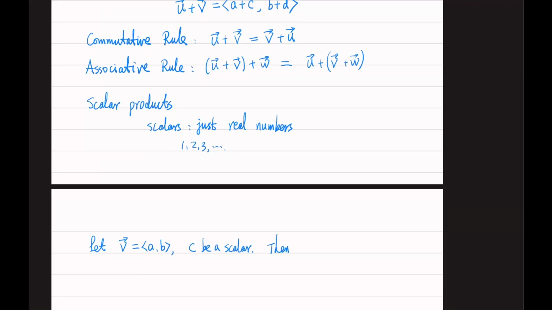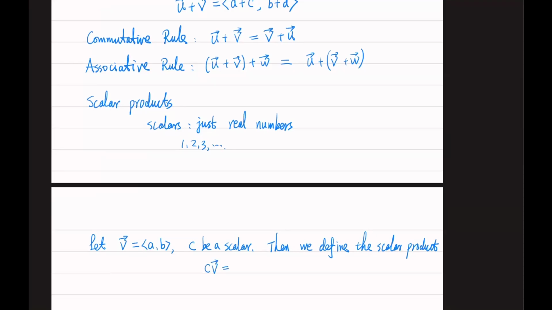Now we define the scalar product. So it will be a scalar and a vector, c times a vector. For the scalar multiplication, we just multiply c with each component.